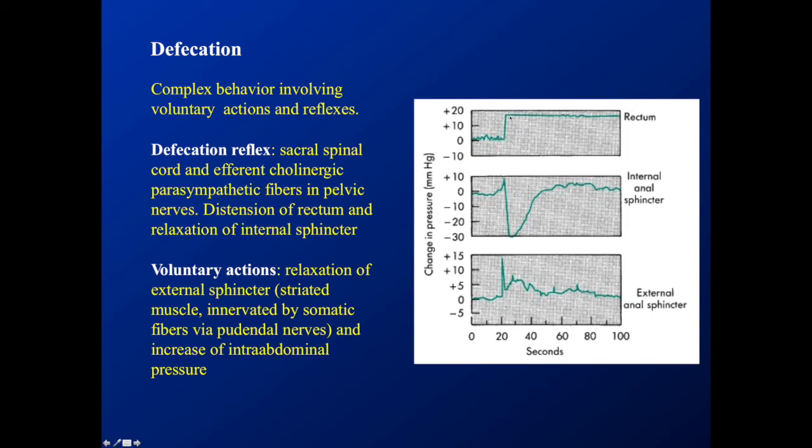So you have this increase in pressure, constriction of the rectum muscles, and this then causes a relaxation of the internal sphincter that allows the passage of the contents from the rectum through the sphincter. Then the external anal sphincter contracts initially, and this is the urge to defecate, and then if you relax it, the pressure of the rectum pushes the stool through both sphincters, and this is aided with abdominal contractions to increase the pressure and increase the force.